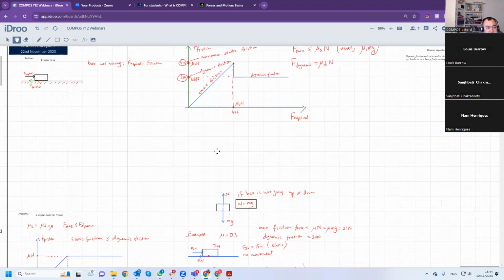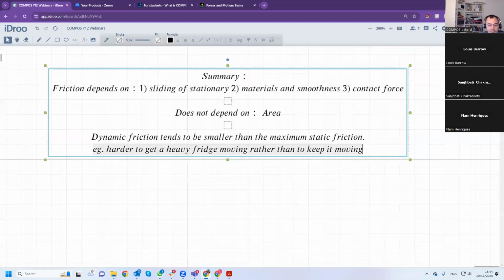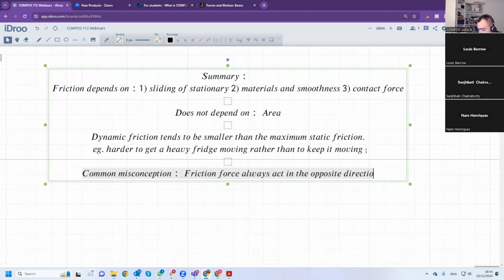Now, a common misconception about static force. Common misconception: static friction force always acts in the opposite direction to motion.